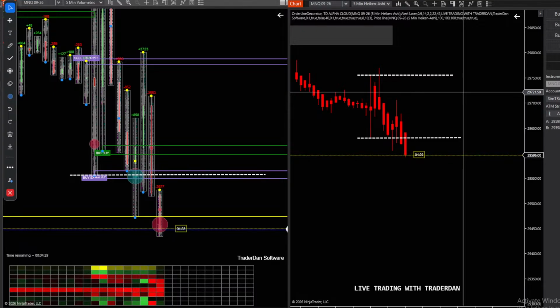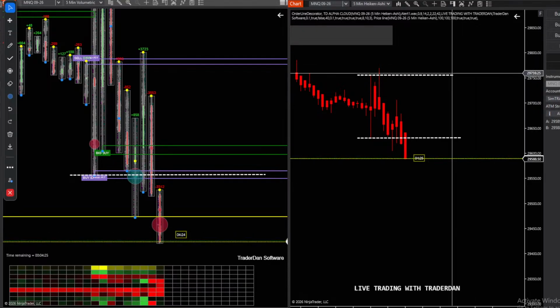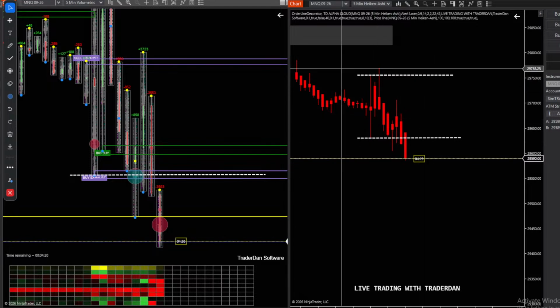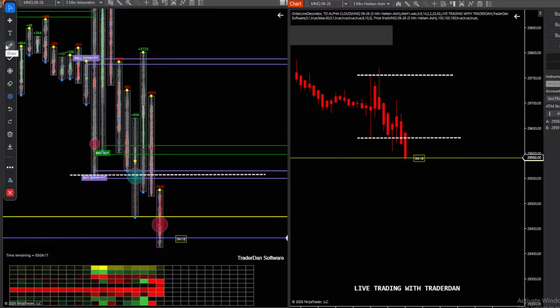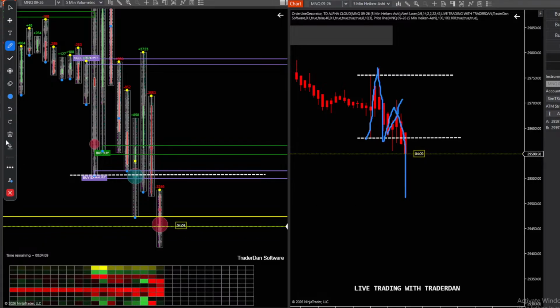God, it's so hard to short this with the market being down so low, man. Even though the trend is to the downside, they're looking for a pullback. I mean, that wasn't much of a pullback right here, right? That was a pullback.